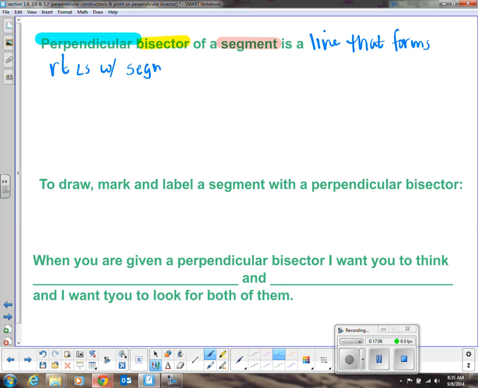What does bisect mean? And forms 2 congruent or equal segments. So perpendicular bisector, I love to give you because in those few words, I've just created a whole mess of things that we can work with.